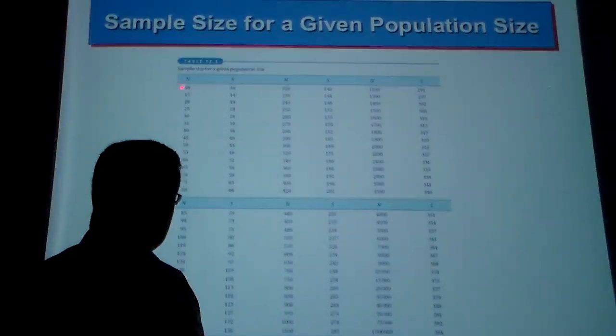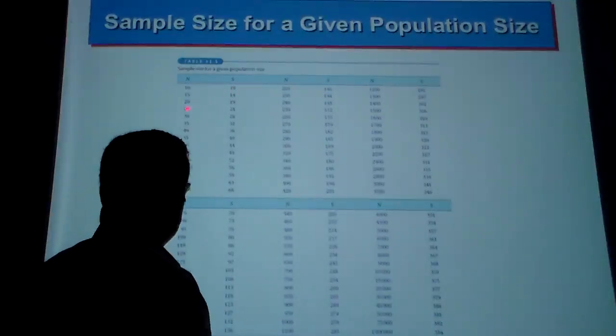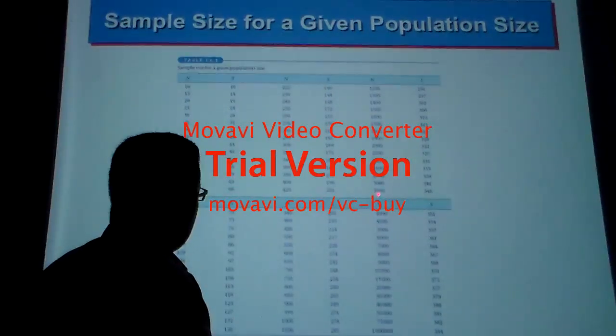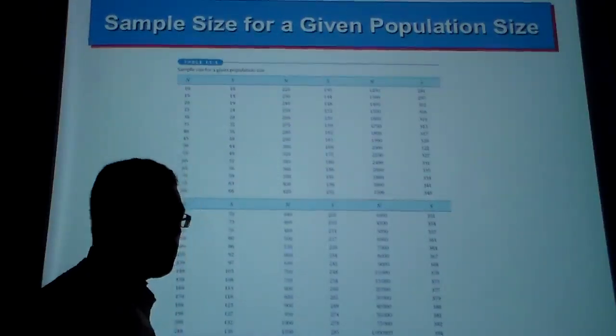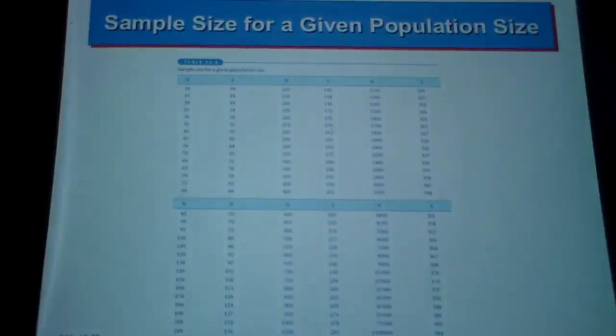If your population size is 10, then you take it all. 15, 14; 20, 19; 25, 24; and likewise until you get 80, 66. Here, for example, 3,500 gives 346. Doctor, these are standard values, or maybe they come from experience.